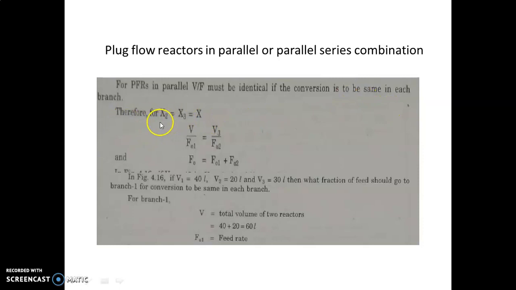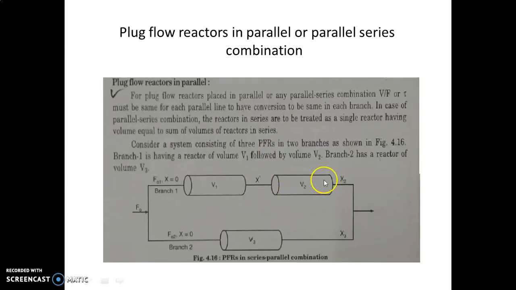Therefore X2 equals X3, which equals X. That means in both branches the conversion is the same. Suppose for this branch the X2 value is 70%, then X3 is also 70%.